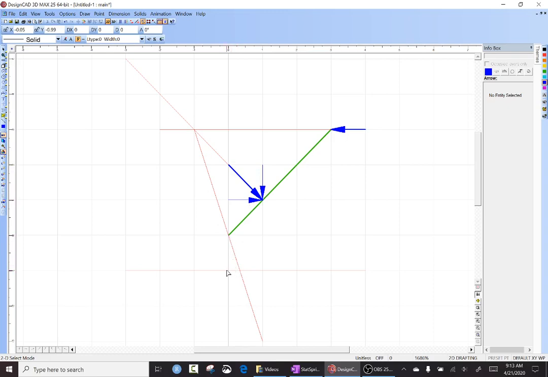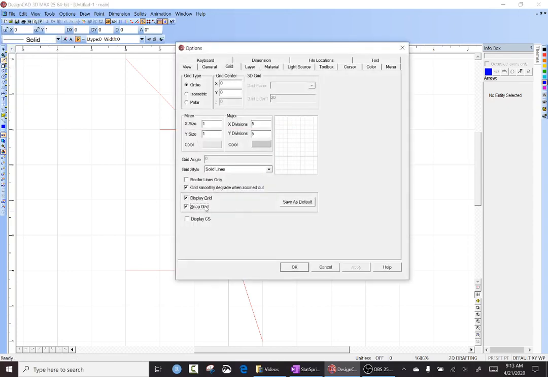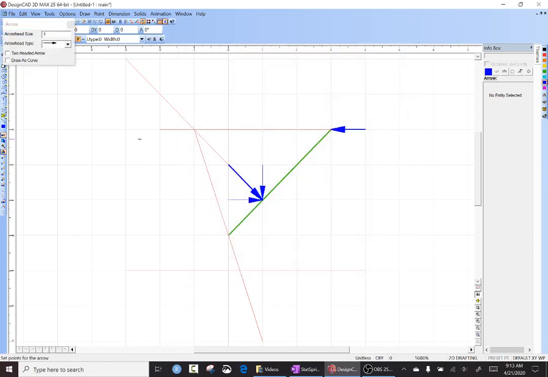So this means this vector has to go up 1, which means that if I were to go in and put a vector at this location, I need to take the grid off. I want to, this may take me a minute. Okay, I believe there we go.